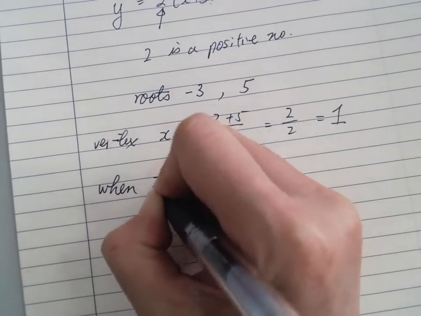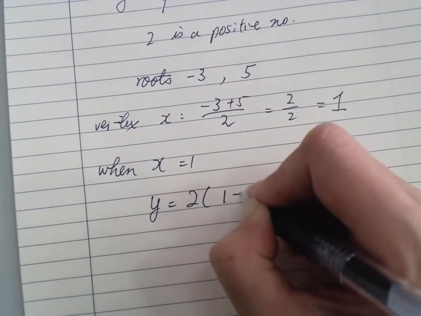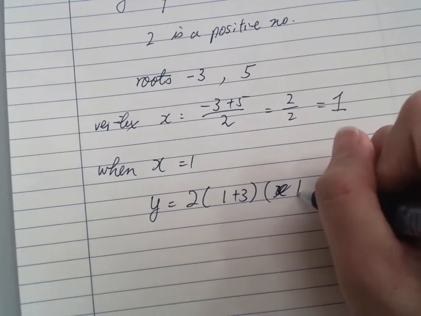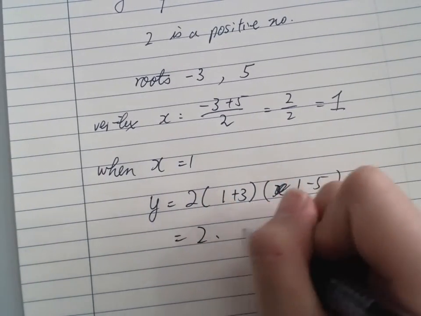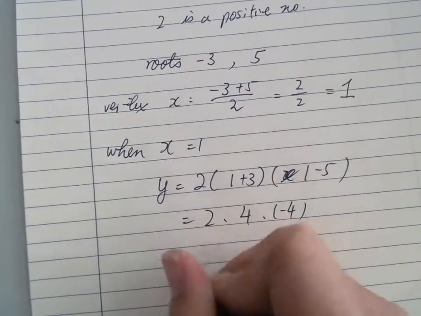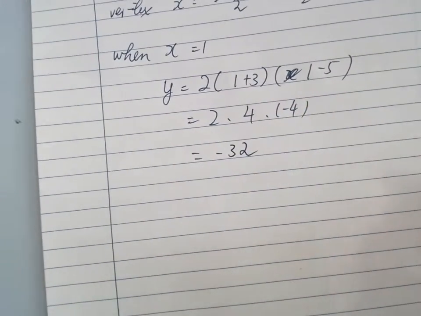When x is 1, y will be equal to 2 times 1 plus 3 times 1 minus 5. So we have 2 times 4 times negative 4, so we have negative 32.